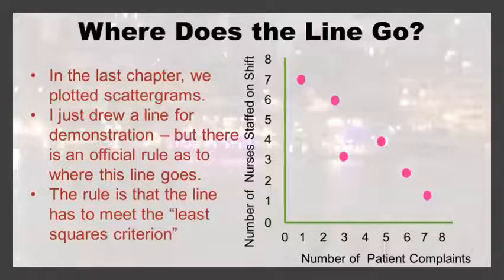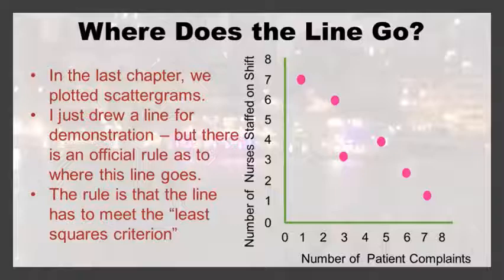Okay, so in the last lesson, you probably were like, how do we figure out the line? The trend line. How do we figure it out? And the thing is, in the past lecture, we were actually just eyeballing it. We just kind of drew it in a way that made sense.